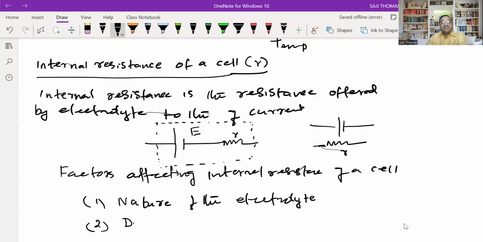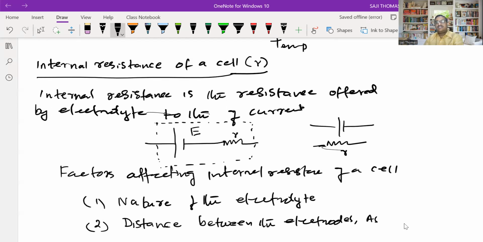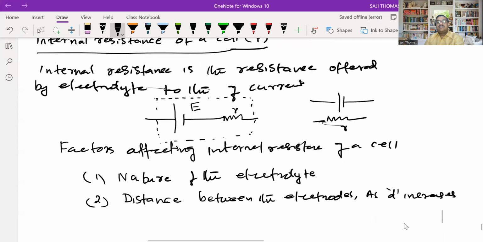Distance between the electrodes. As distance increases, internal resistance increases.